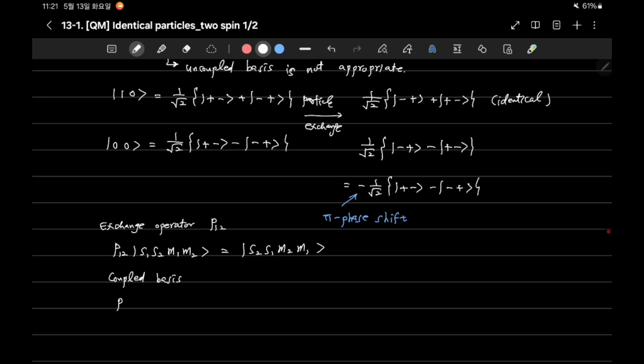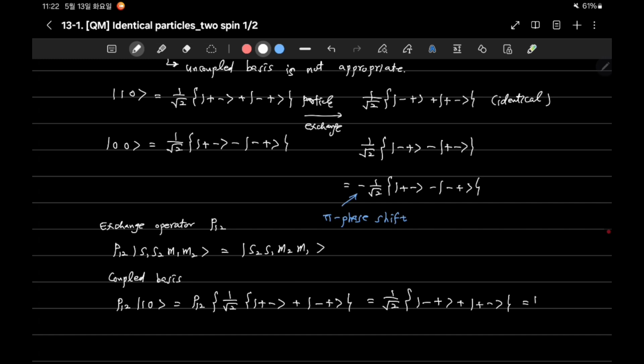When P12 is applied to the 1, 0 state, in the uncoupled basis it is 1 over square root 2 times up-down plus down-up, and the particle exchange gives down-up plus up-down, as we saw above.